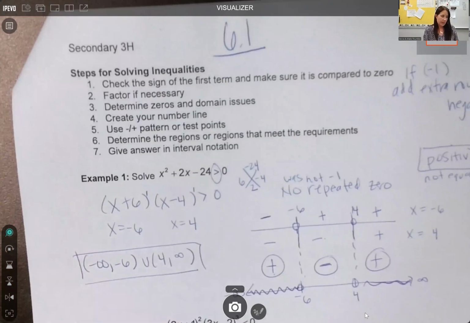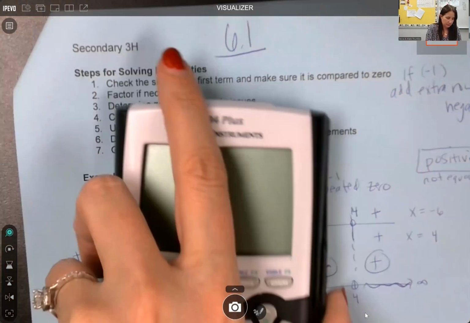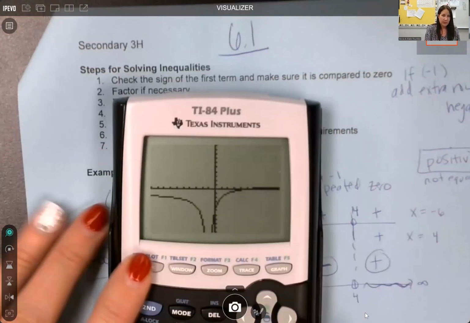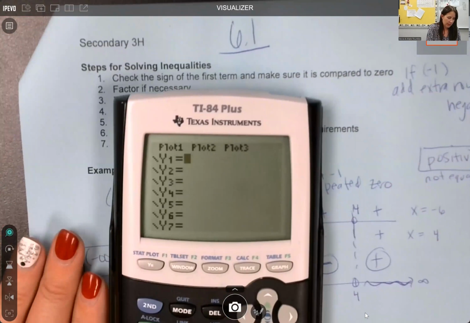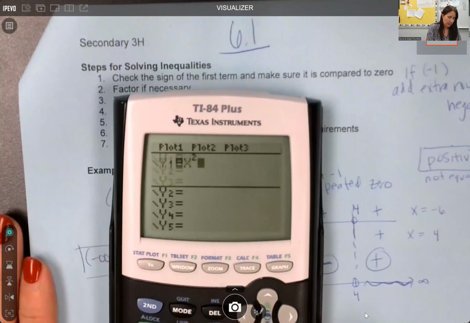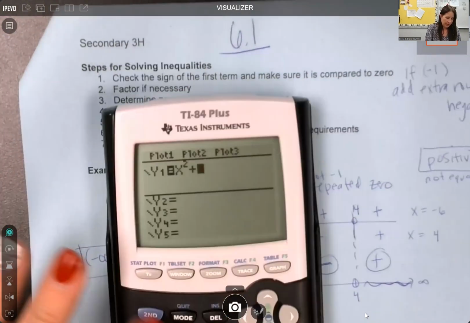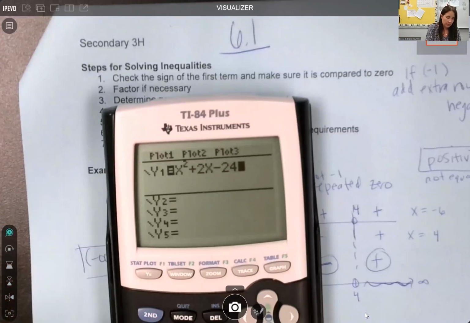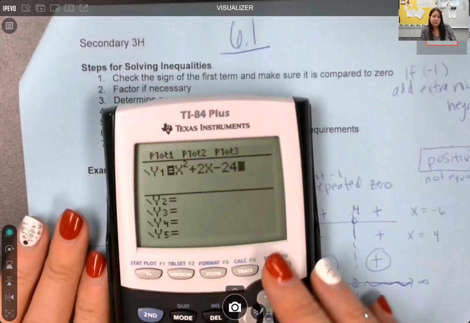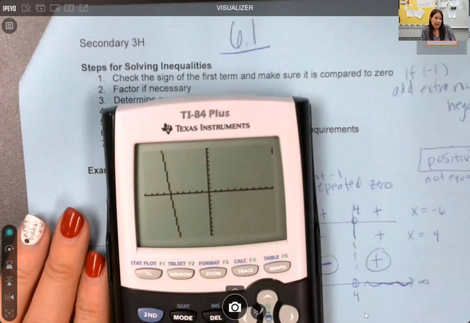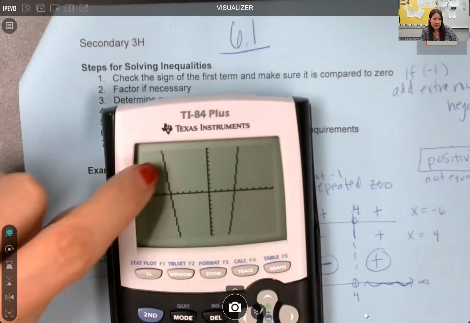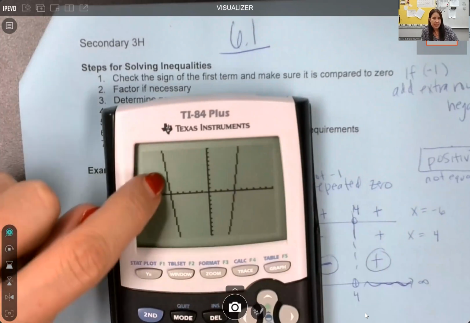Now, is it possible to look at my calculator and plug this in? So x squared plus 2x minus 24, and then I graph. I notice that it's above the x-axis here and above the x-axis here.